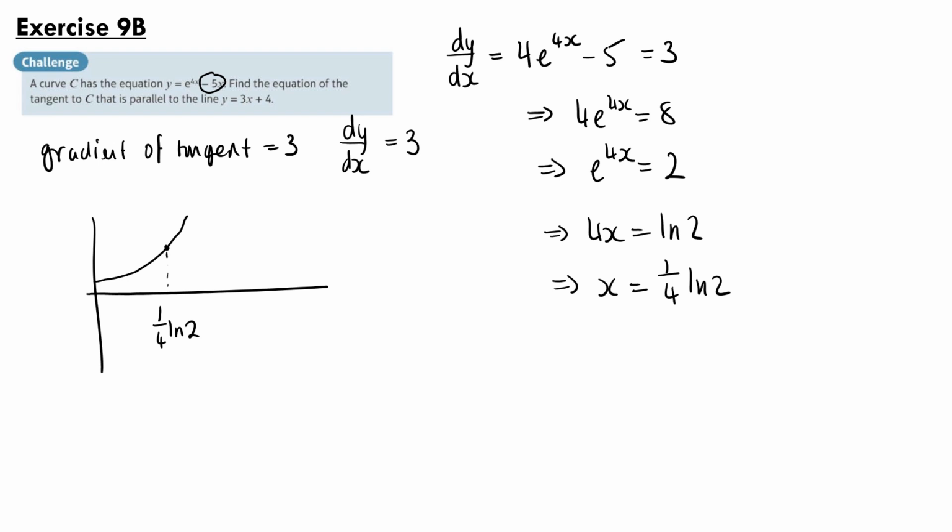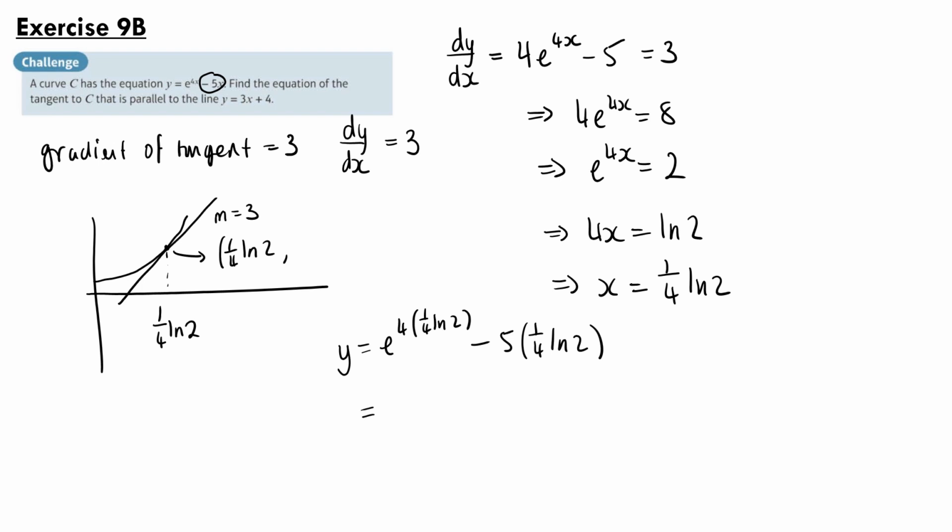So we know that the gradient of the tangent at this point is going to be 3. And we know that the x coordinate of this point, which is common to both the curve and the line, is 1/4 ln 2. And we can use the equation of the curve to find the y coordinate. So y equals e to the power of 4x, which is 1/4 ln 2, take away 5x, which is again 1/4 ln 2.